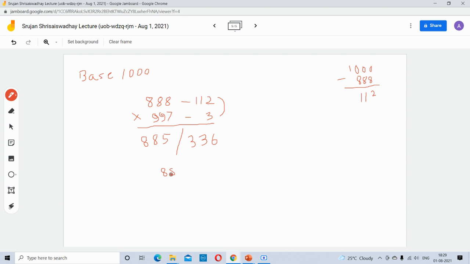So this is the way you can calculate so fast using the sutra called Nikhilam Navatashcaramam Dashatah. So you can use the base of 10, 100 and 1000 and you can calculate it.